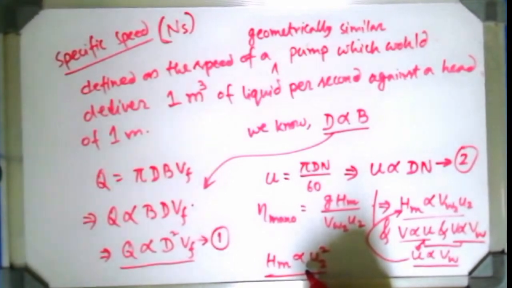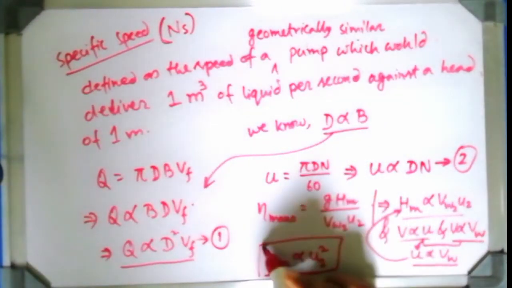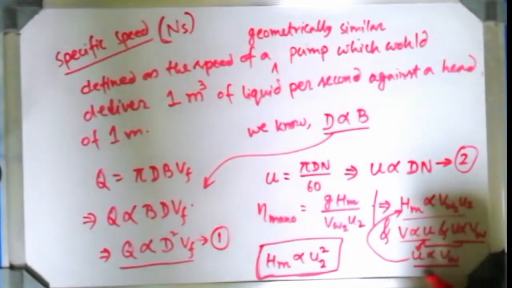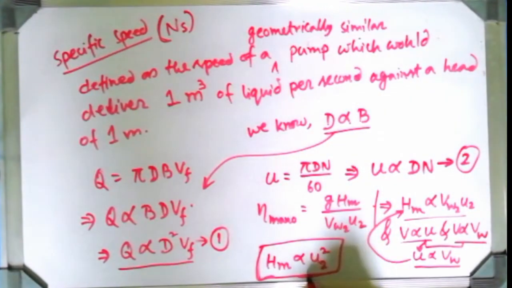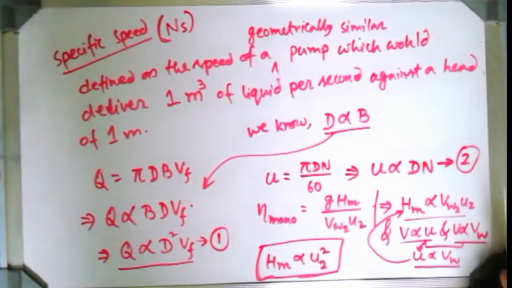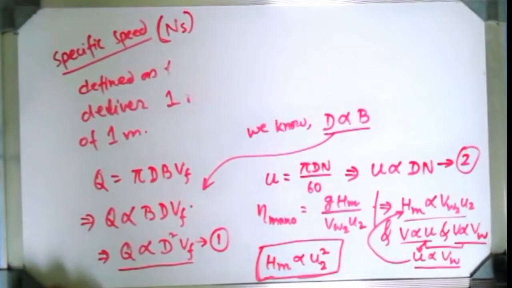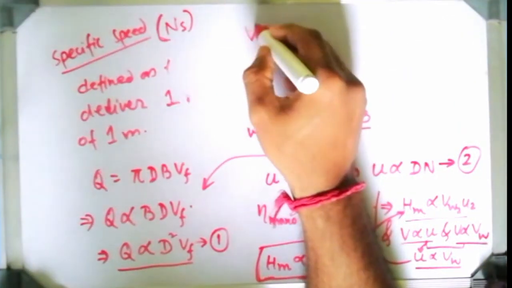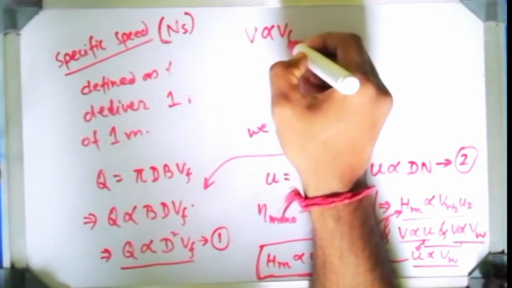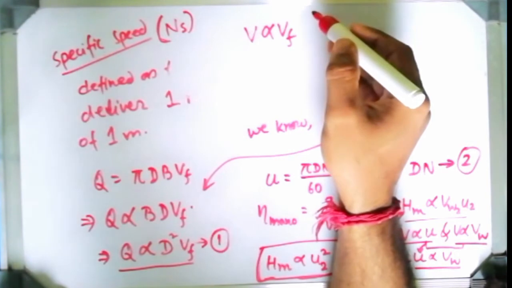If Hm proportional to U2 square, I block this relationship. What I am trying to do is replace this equation, keeping this relationship blocked. Then coming on to this side, place is very short over here. Again see, V proportional to Vf, which I wrote a little earlier, because as V increases, Vf also increases.